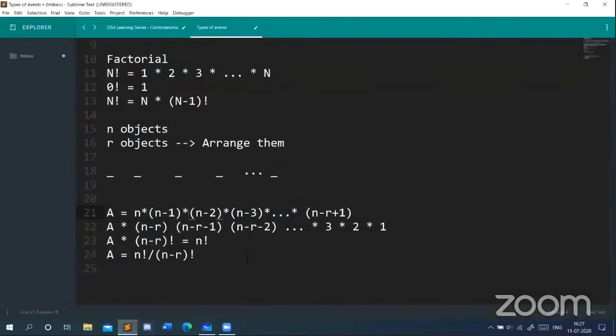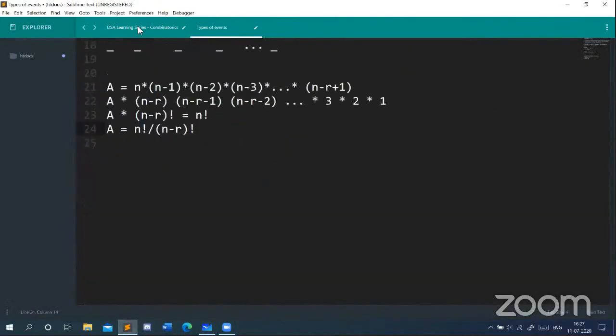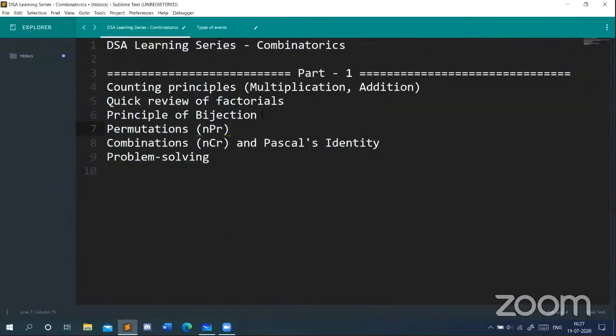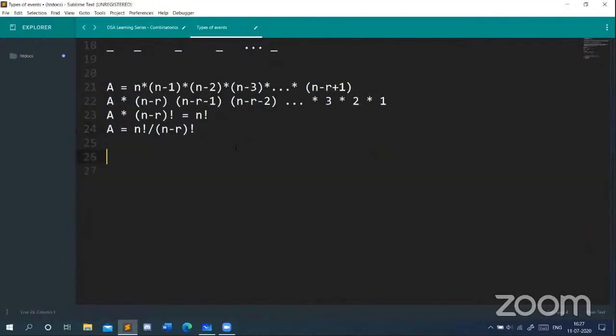And now I'll talk about what's called the principle of bijection, because we require it to derive our result of combinations. So one of the most elegant things you'll ever see in combinatorics will be when you try to find two different ways to count the same thing. I'll write that down.